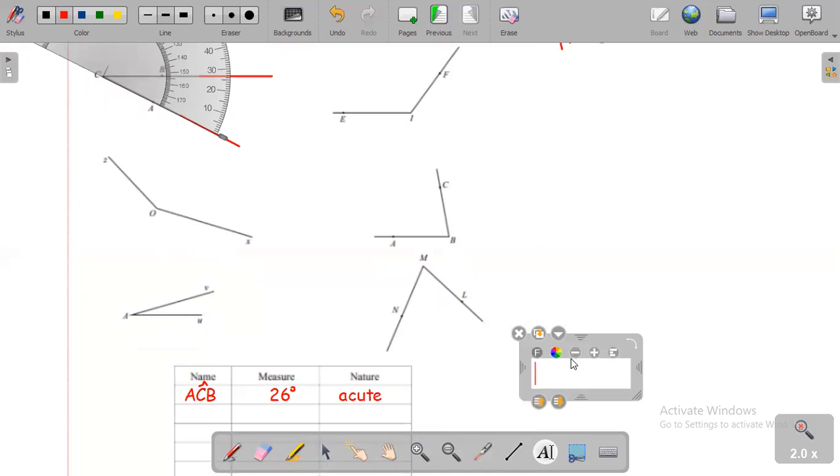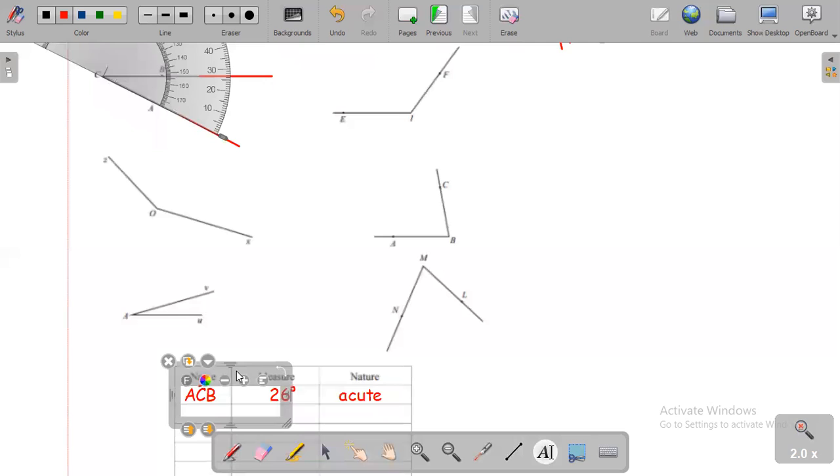So the vertex of the second angle is I. We can write EIF or FIE. Let's write EIF. Capital E because we have points, I, and capital F because we have a point. And we put hat.